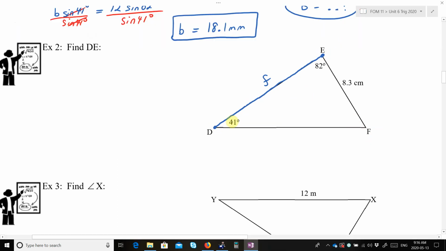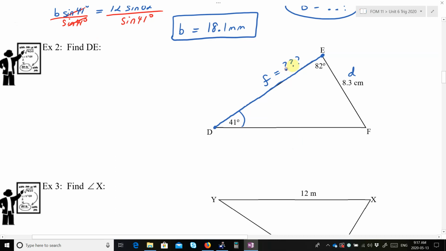Okay, and we have this capital D angle. So across from that side, this is little d, and we could say that this is little e. But you know what? I'm going to erase that because we're not trying to find little e. They want us to find from d to e, which we have labeled f. So we're looking to find this.